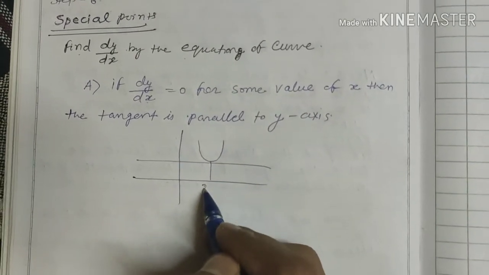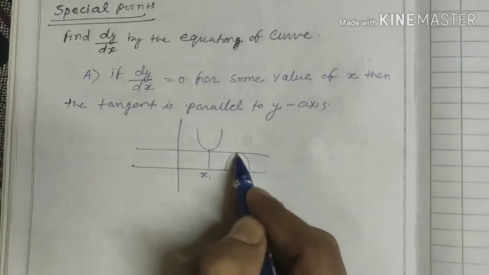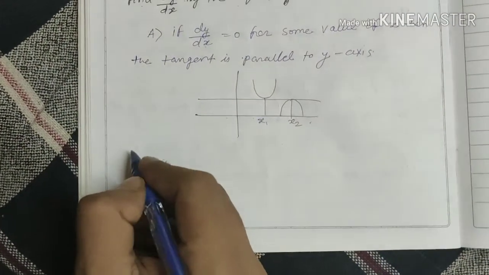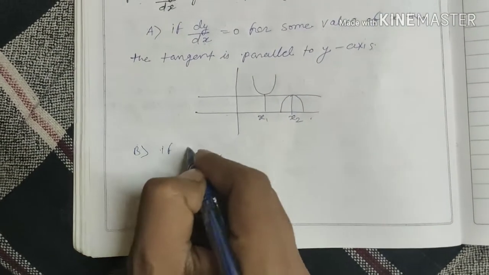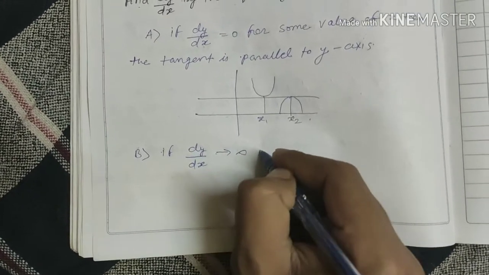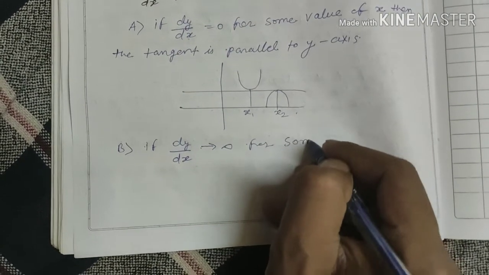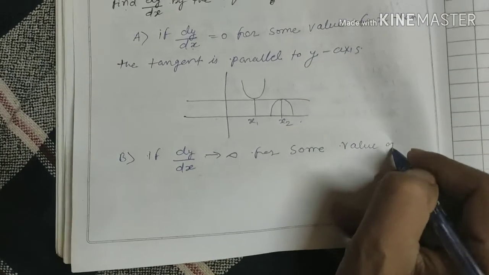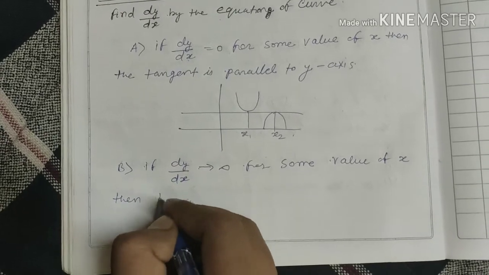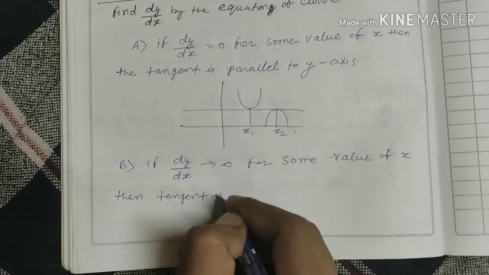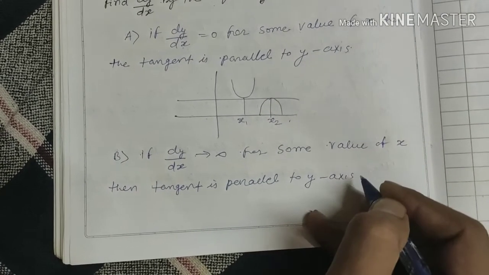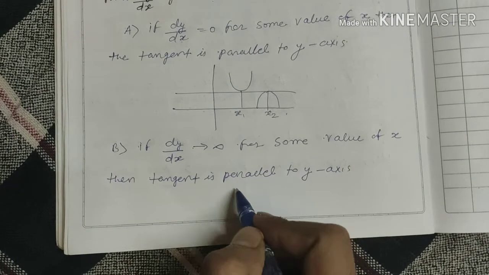Okay, x1 and x2. Now the second condition we have to examine for the special points is that if dy by dx tends to infinity for some value of x, then the tangent is parallel to the y-axis.